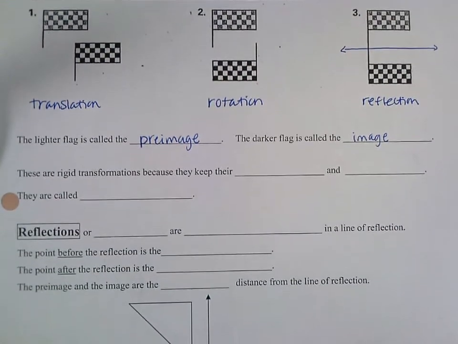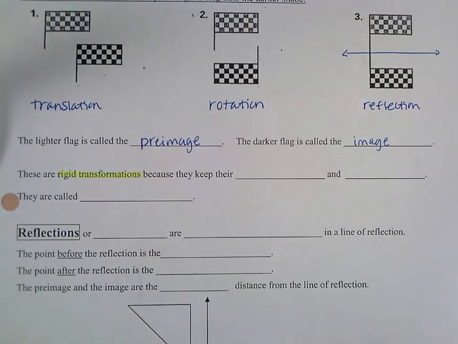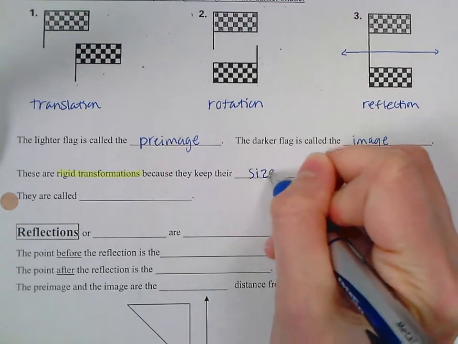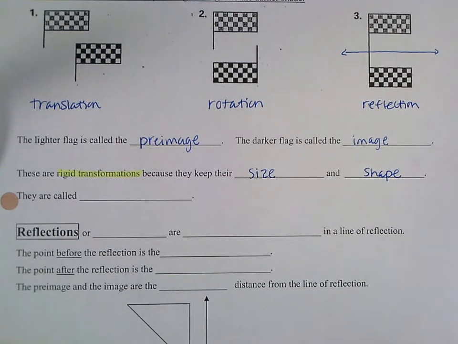Okay, so knowing that vocabulary, if you're asked something about the pre-image versus the image, you know which figure to refer to. These are called rigid transformations. And what that means is the figure keeps its size and shape. There's another transformation, a dilation. It's not a rigid transformation. A dilation is when you are expanding or contracting a figure or an object, so that would not keep the same size for sure.